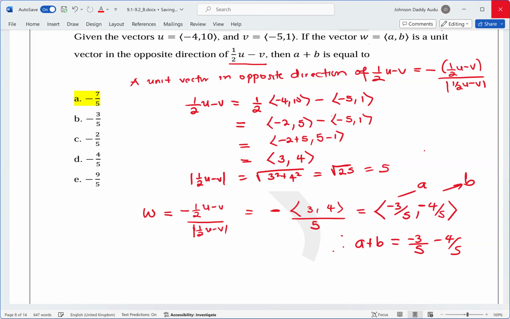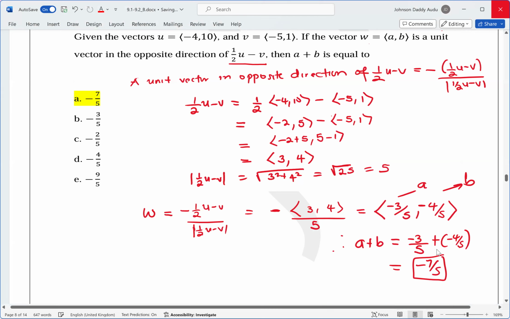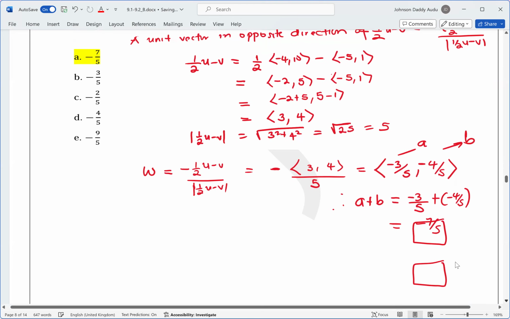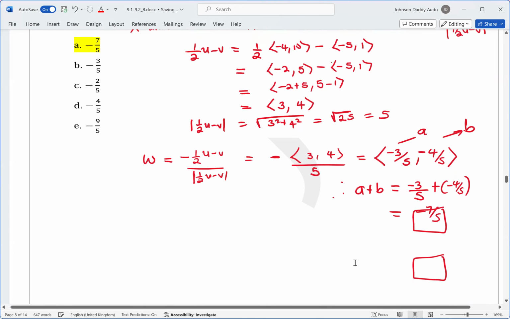So now A plus B is going to be minus 3 over 5 plus minus 4 over 5, right? So this is going to be minus 7 over 5. So let's see the next question.